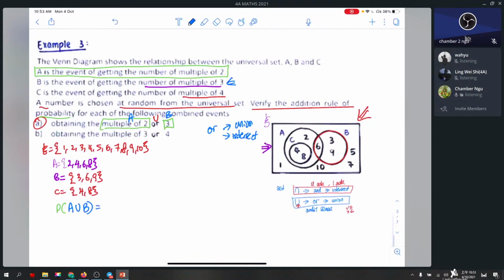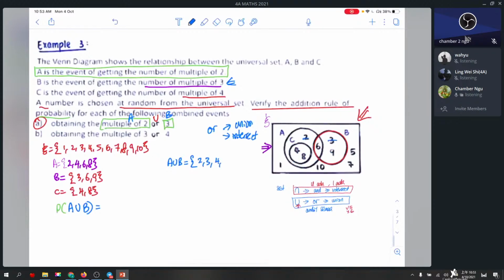So now we find out the number of A union B. If set A union B, what are the elements? Kita tengok kalau A union B, maksudnya asalkan ada pada dalam A, ada dalam B, ambil semua. This means all the elements that I shaded. So apa dia?